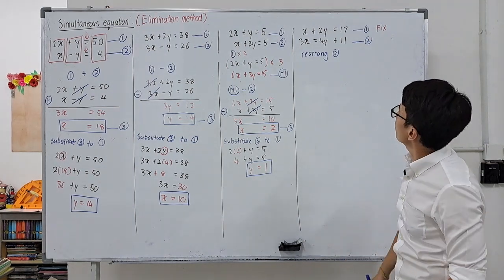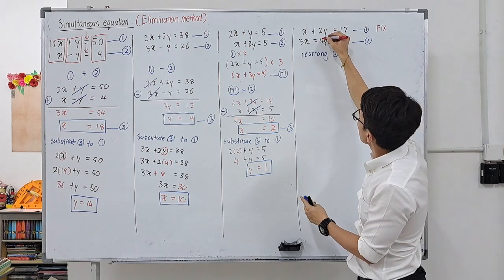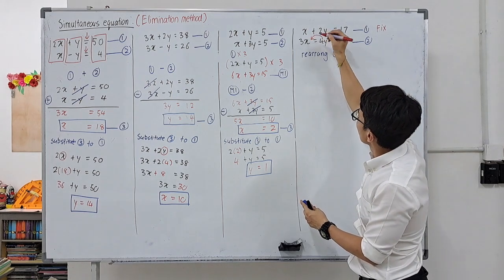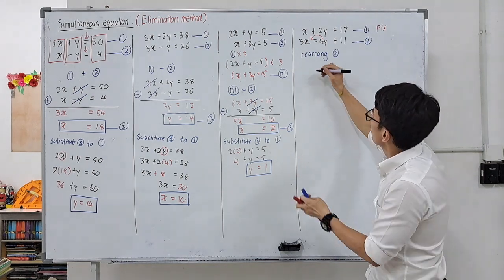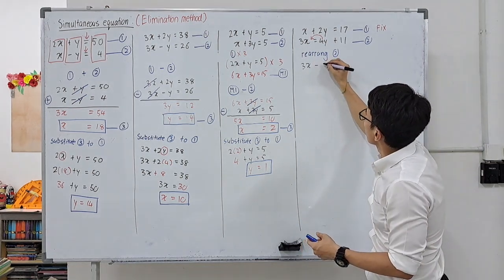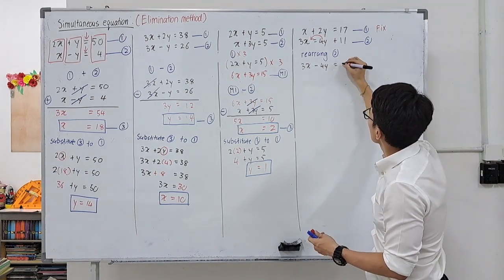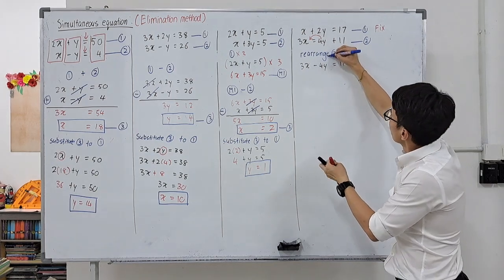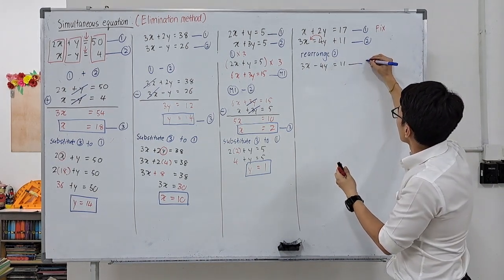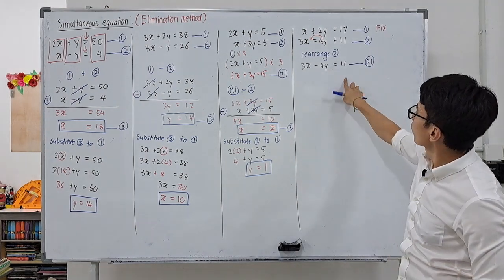So what do I do over here? All I have to do is just move this guy over here, correct or not? If I move this guy over here, that should give me 3x minus 4y equals to 11. This one is my rearranged equation 2.